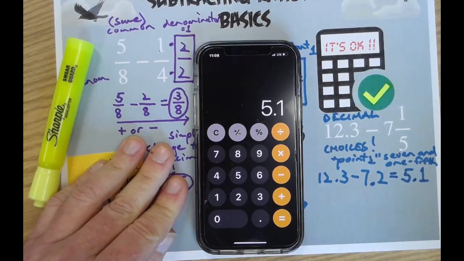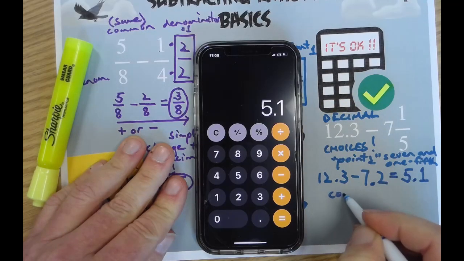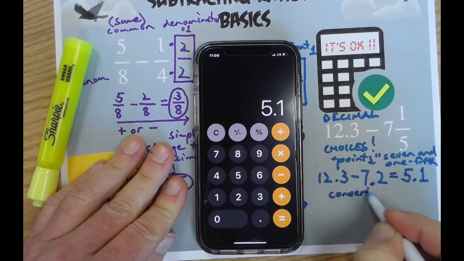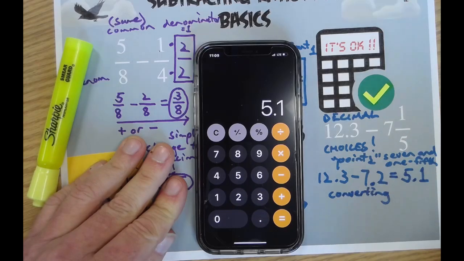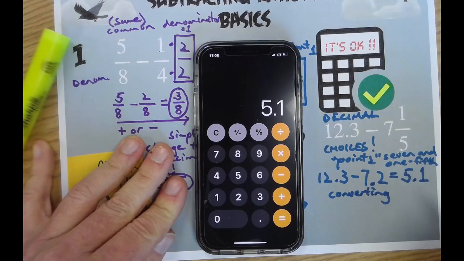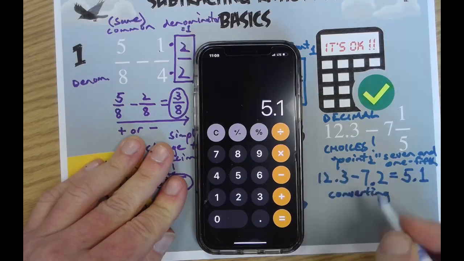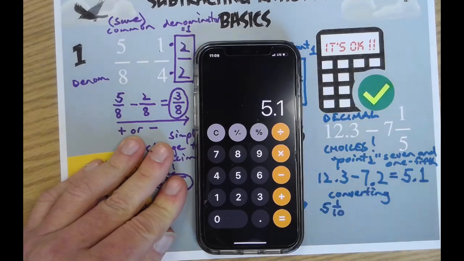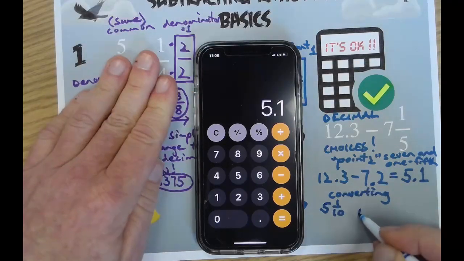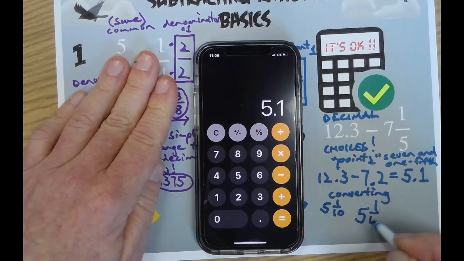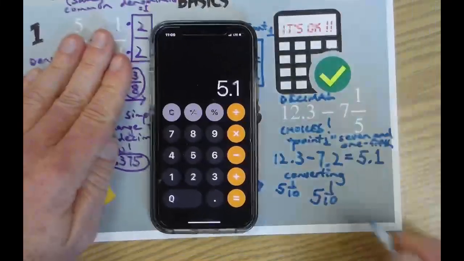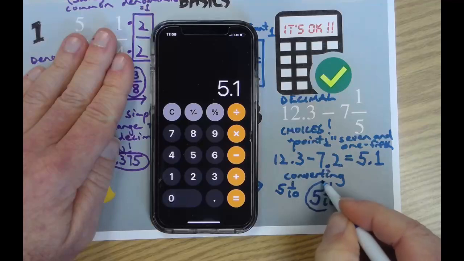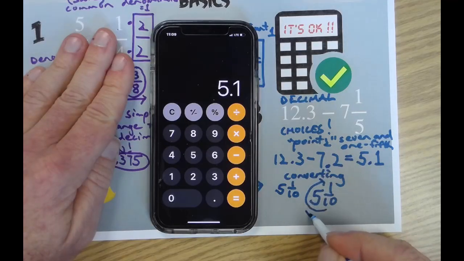And since I said it that way, why don't we practice converting? It's okay to practice, even if it's not an assignment, just because you want to get better. So 5 1/10, I could write it this way. And remember, we could also make it into an improper fraction by going this way. 10 times 5.